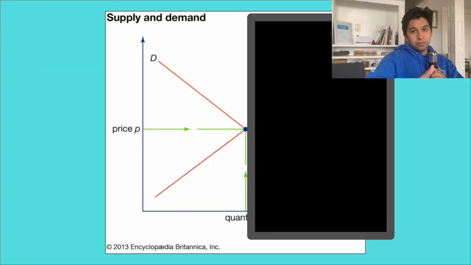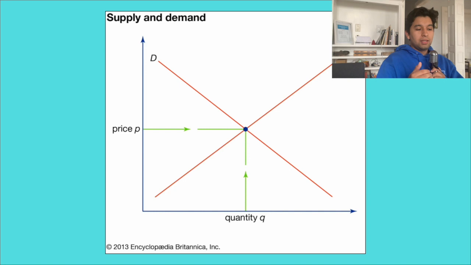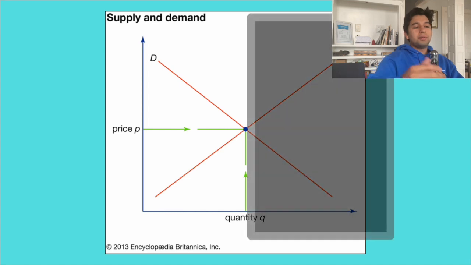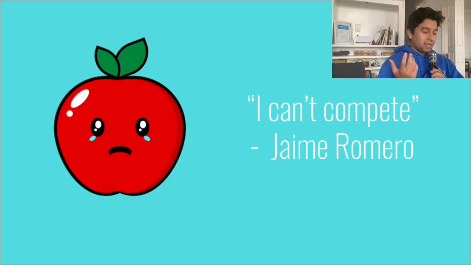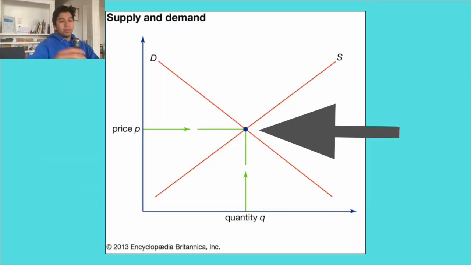And the other thing, too, is that there's going to be some buyers that won't have enough money to buy at that price because it's negative surplus to them. So I would be really sad because I would have made negative surplus every time I buy. And this apple would just be sad because it can't compete. So we end up with this price right here.